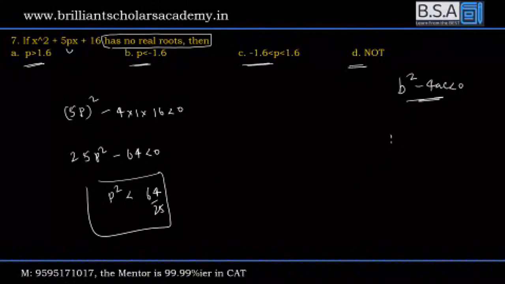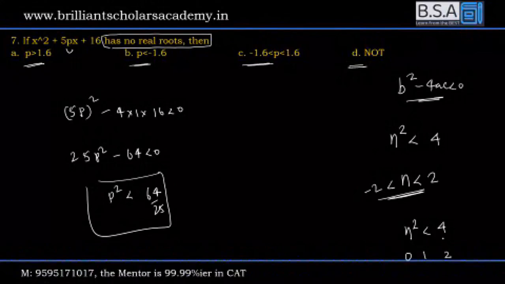Whenever you have a square of a number less than, let us say 4, so the number will be between 2 and minus 2. Jaise maan lo mujhe chahiye n ka square 4 se kam. Dekho n is equal to 0 chalega, 0 ka square 0, n is equal to 1 chalega, lekin n is equal to 2 barabar ho jayega. Waise hi jab aap -1 ka bhi square karoge to 1, toh 4 se kam hai. Jab aap -2 put karoge to ye 4 ke barabar ho jayega.